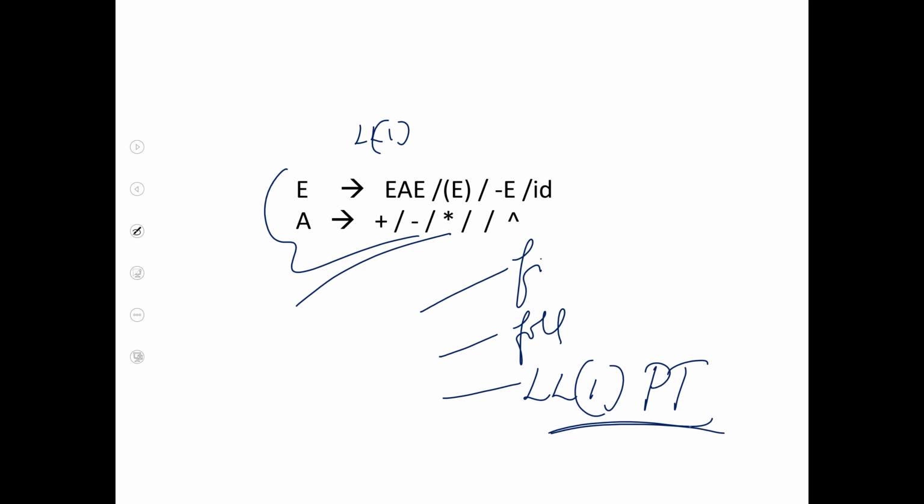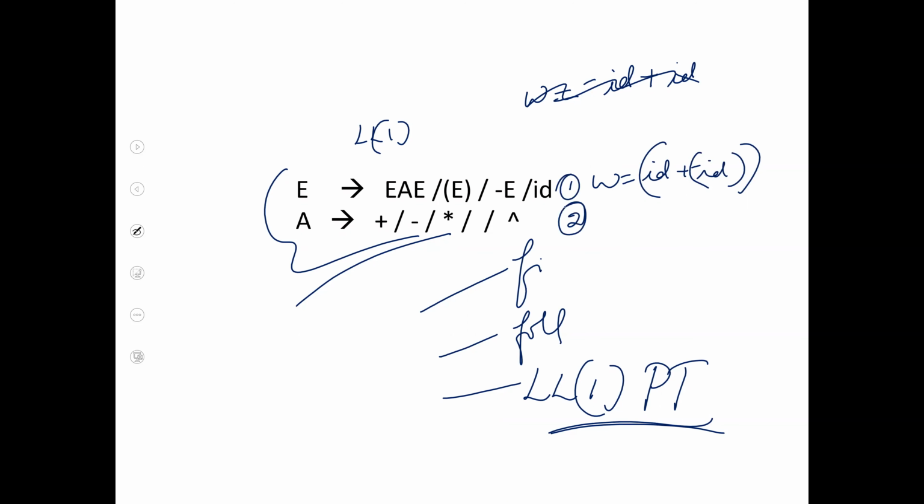Now the question is, for this particular grammar, check whether the string W equal to ID plus minus ID is valid or not. This is the first problem you have to do.